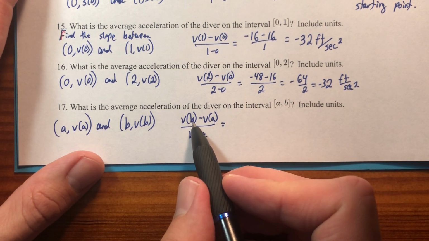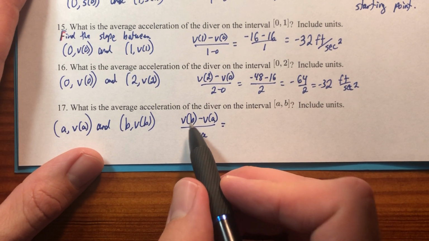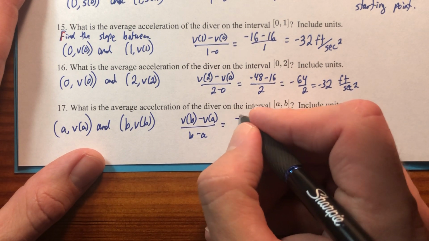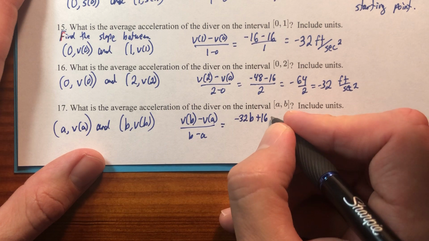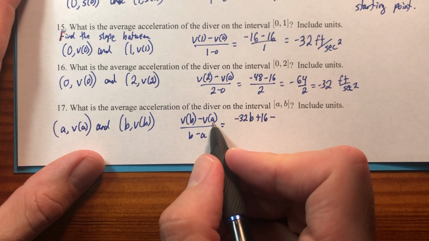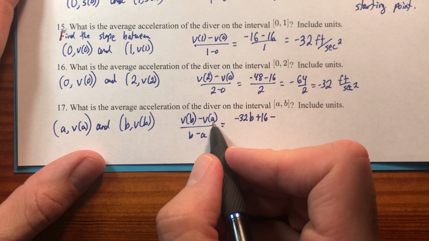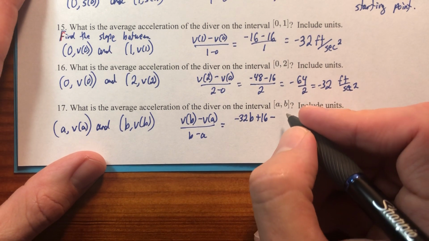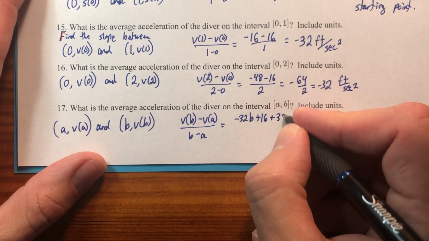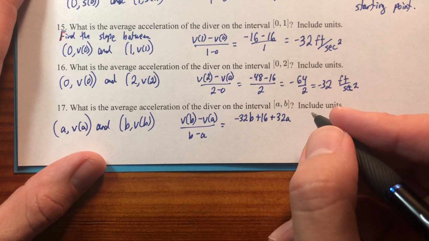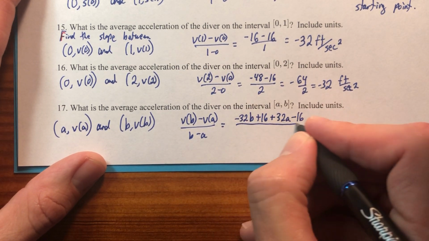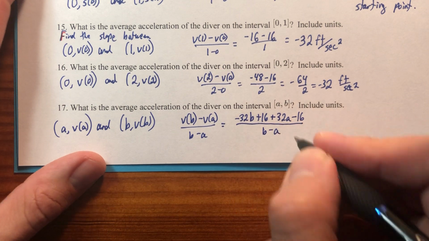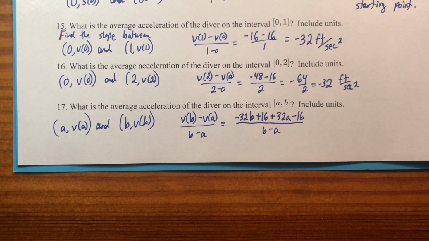If I plugged b into the velocity function, I would have negative 32b plus 16. And then I'm going to subtract away what I'd get when I put a into the velocity function, and that would be negative 32a, so plus 32a, and then plus 16, but I'm subtracting the whole thing, all over b minus a, and we'll see what we get.